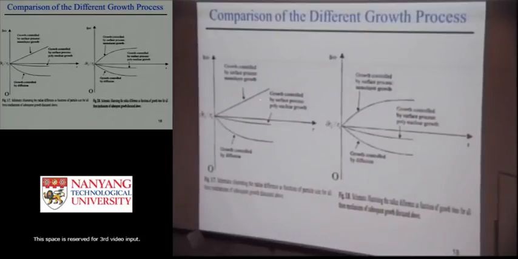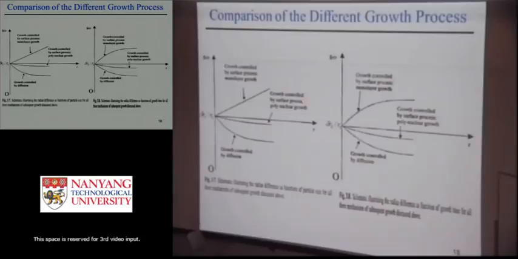So if the growth is controlled by diffusion, you will see that the size dispersity keeps on decreasing, and that will give you a uniform nanoparticle. If the growth is controlled by mononuclear growth, the dispersity will keep on increasing, and that means the particle is not uniform. Dispersity increases, the value becomes bigger, and the particle becomes not uniform.